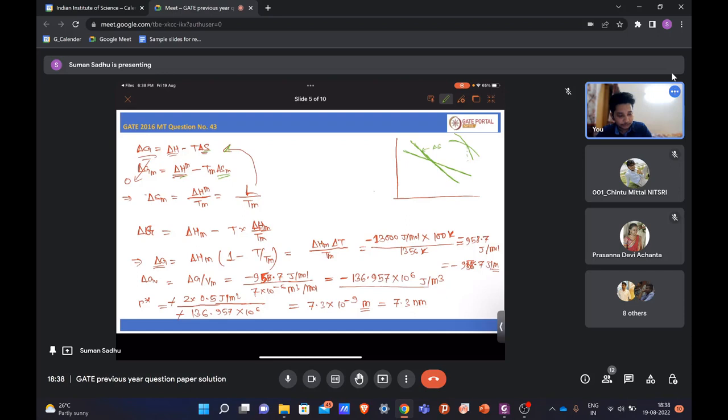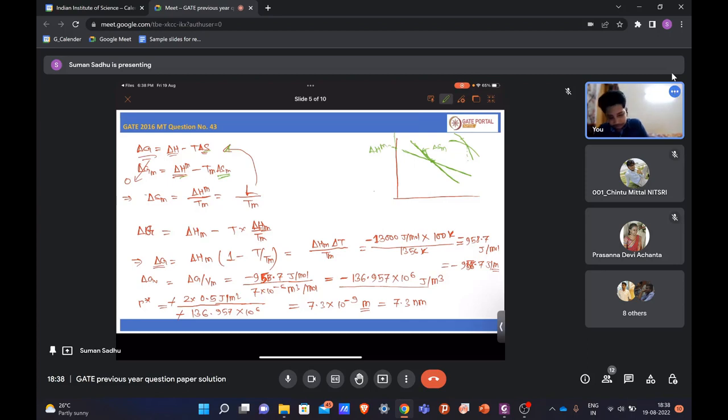So the slope will be the same at any point. If it is a curved line, then the slope will change. As the change is very negligible, it is assumed they are almost straight lines. So assuming that, we get that the slope is delta S m, which will be the same at every point, because it is a straight line, right? And also the intercept is delta H m, right?